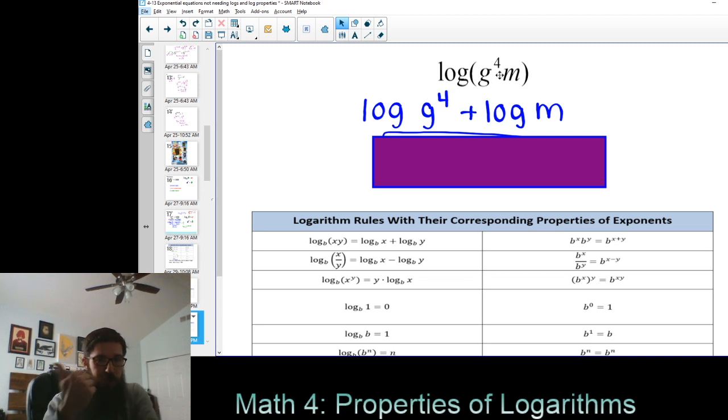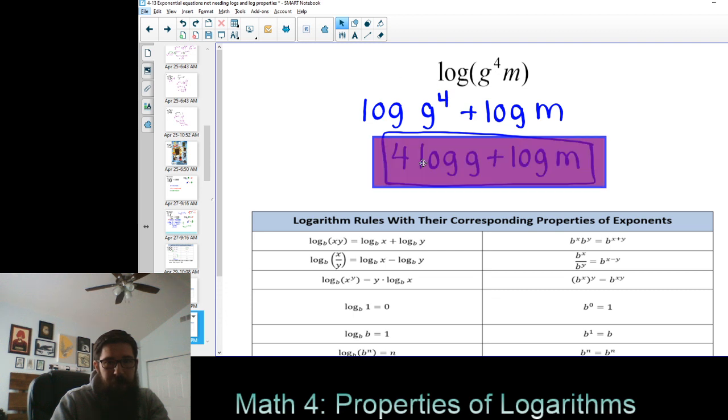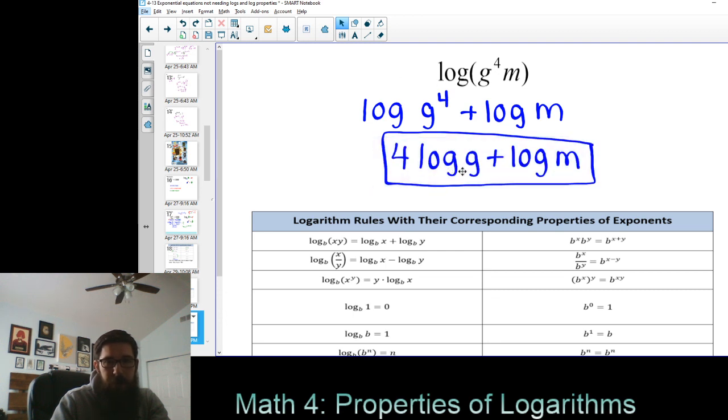Instead of multiplying g to the 4th and m inside of a log, I can split them into 2 separate logs. Now that this guy right here is just log base 10 of g to the 4th, I can use this third property, bring that 4 down out in front. I have 4 log of g plus log of m.